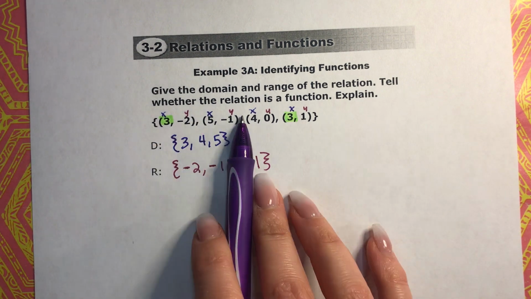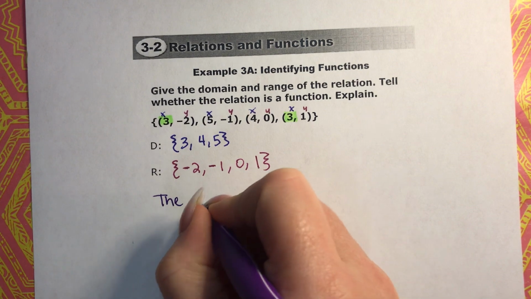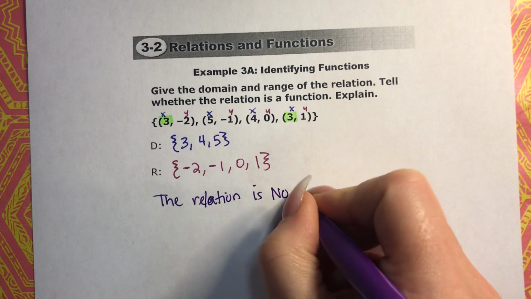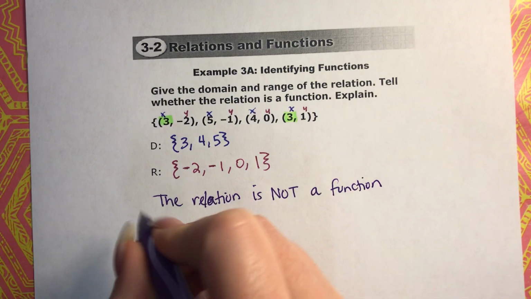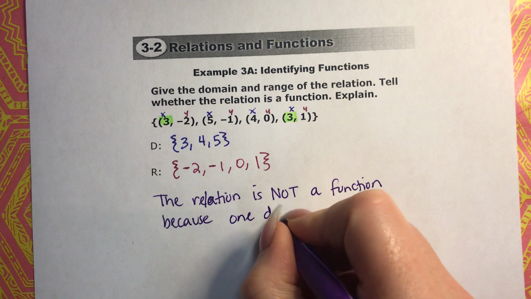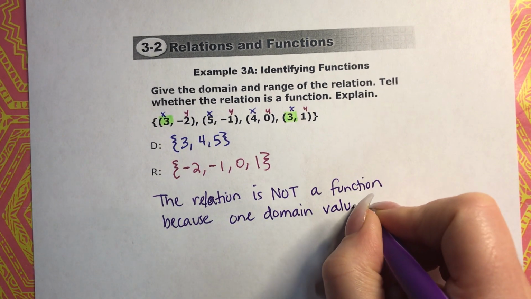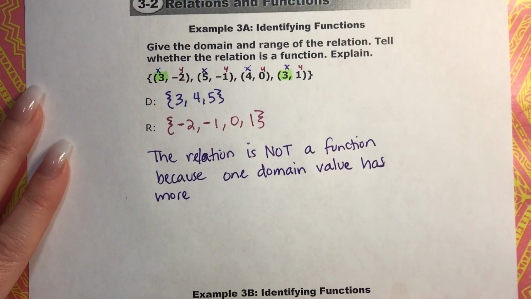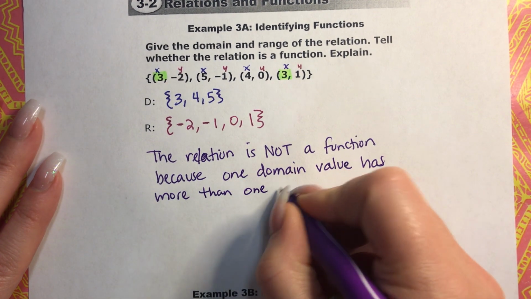So it says, tell whether the relation is a function. The relation is not a function because one domain value has more than one y value.